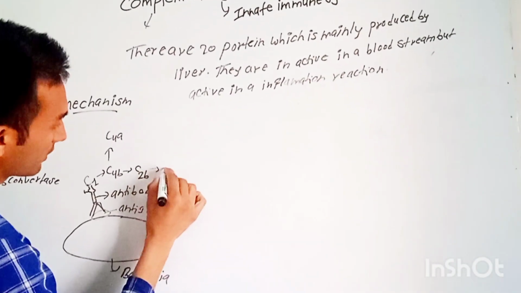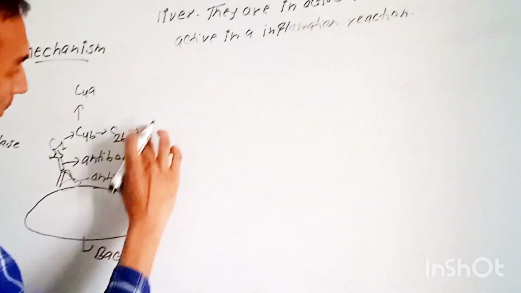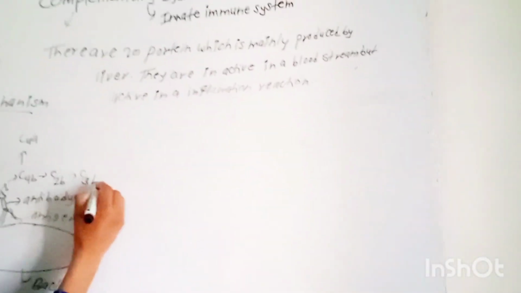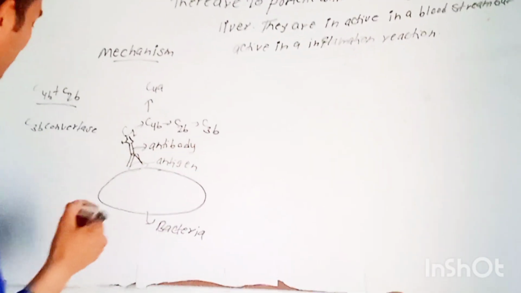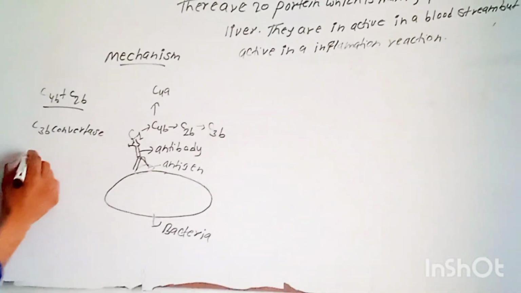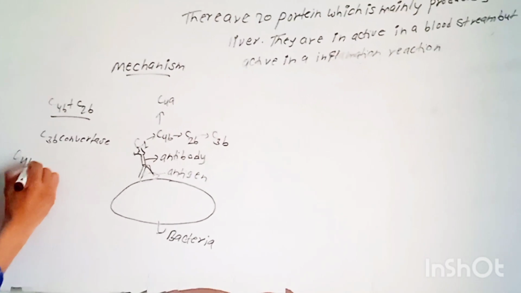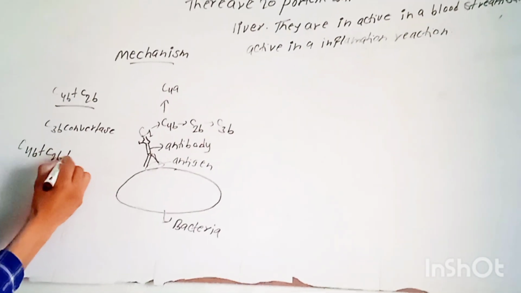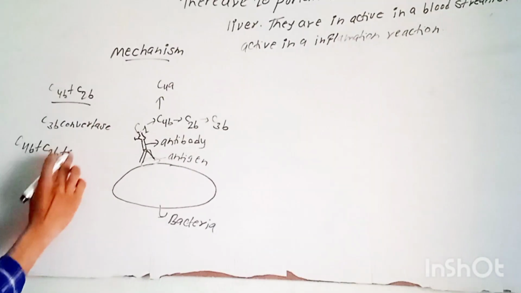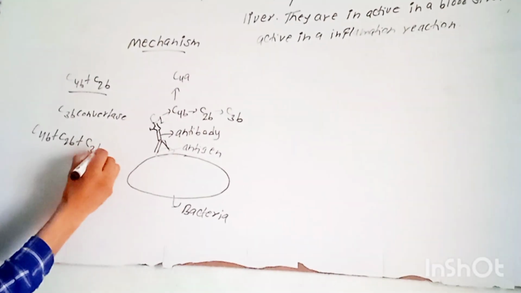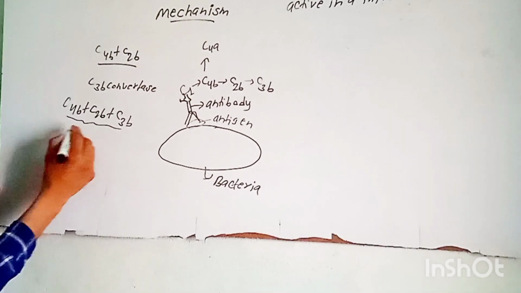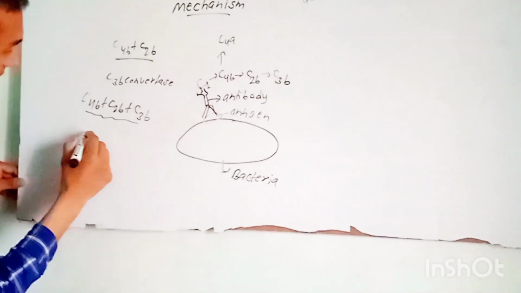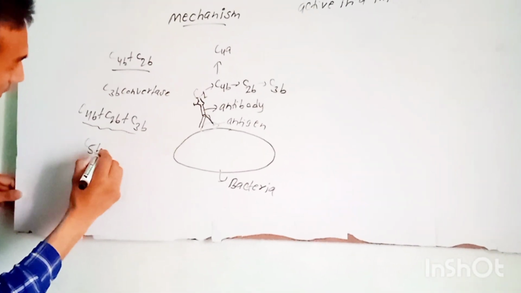Then C3b protein attaches here. C4b plus C2b plus C3b, these three proteins activate the C5 protein.